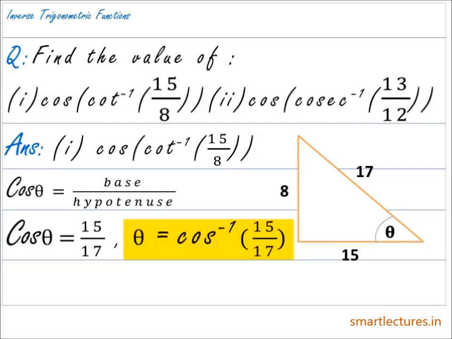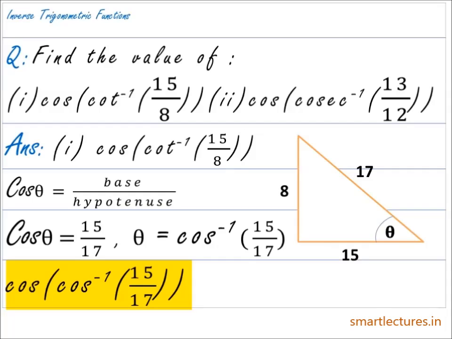Note that this angle theta is the same as cot inverse 15 upon 8. So in place of cot inverse 15 upon 8, we can also write cos inverse 15 upon 17. So the expression cos of cot inverse 15 upon 8 now becomes cos of cos inverse 15 upon 17.